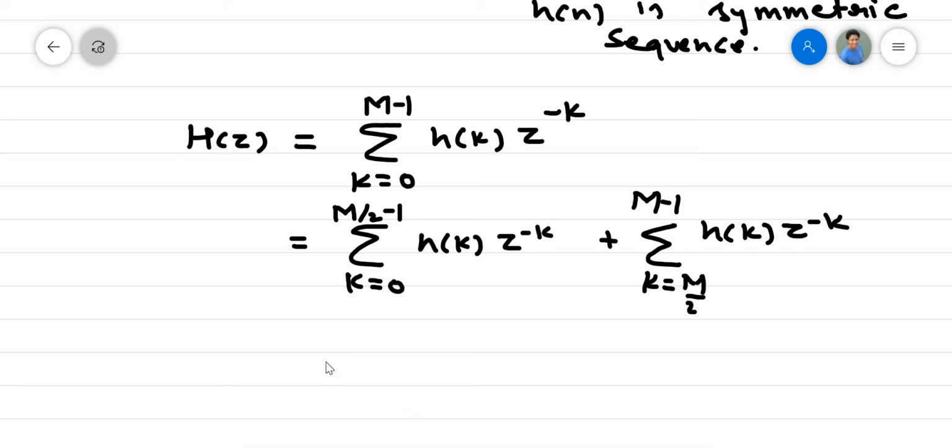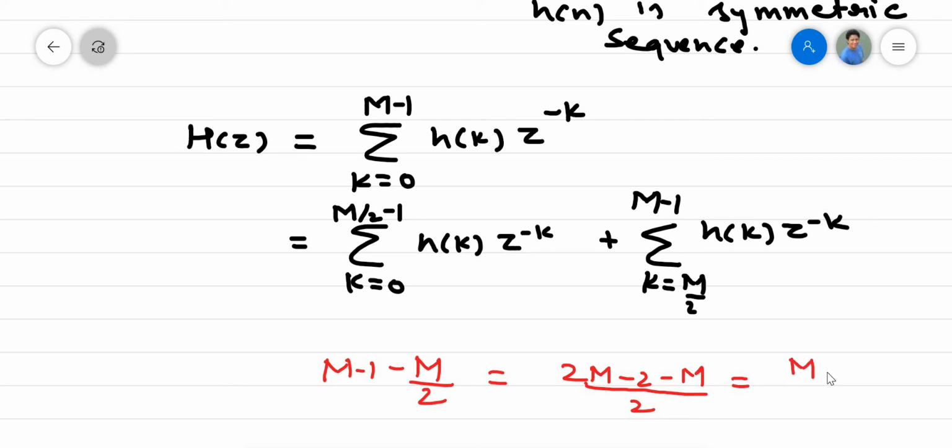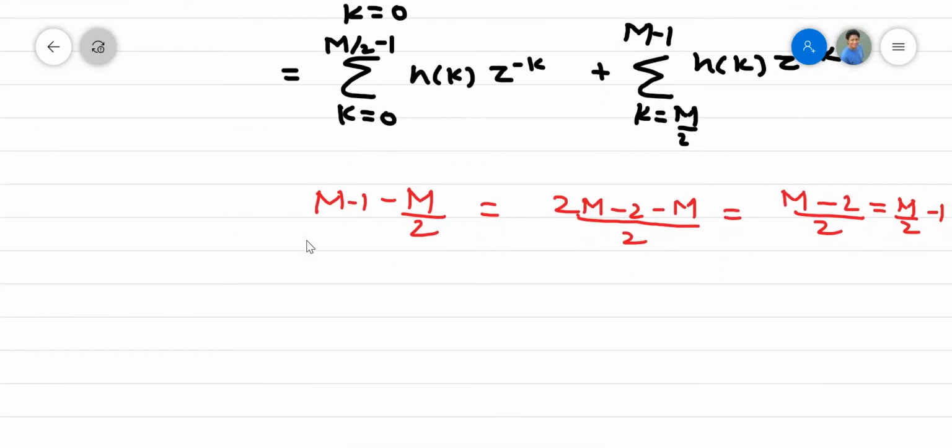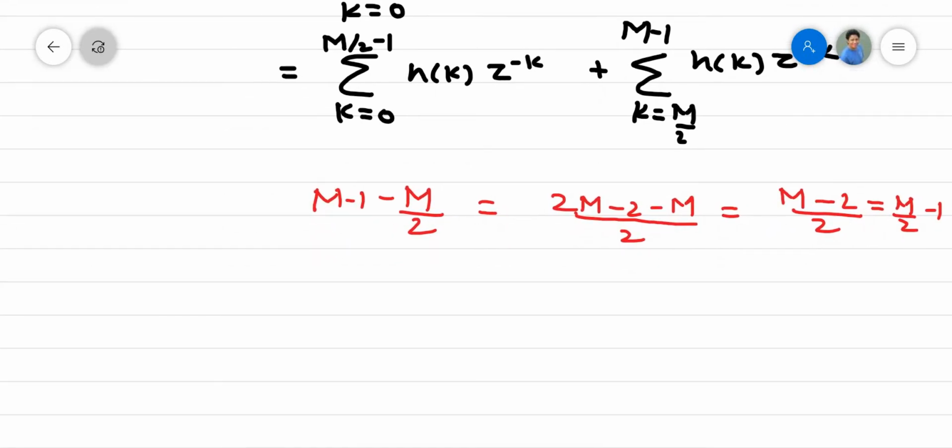So then M minus 1 minus M by 2 is equal to (2M minus 2 minus M) by 2, that is equal to (M minus 2) by 2, and that is equal to M by 2 minus 1.